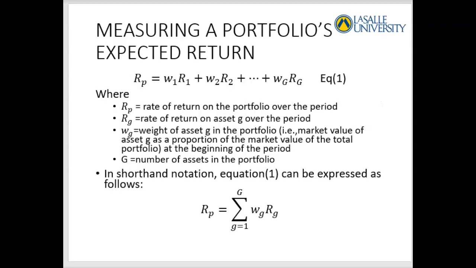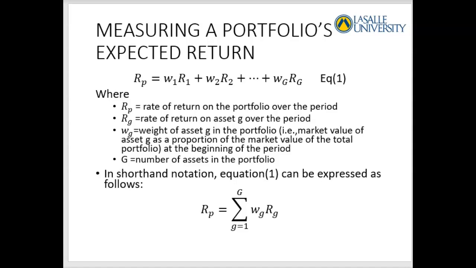After understanding the basic concepts that lead us to modern portfolio theory, we're now ready to define the actual and the expected return for any risky asset and for our portfolio, which consists of those risky assets.